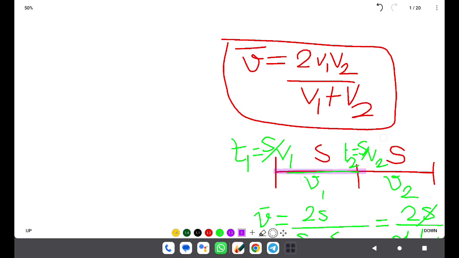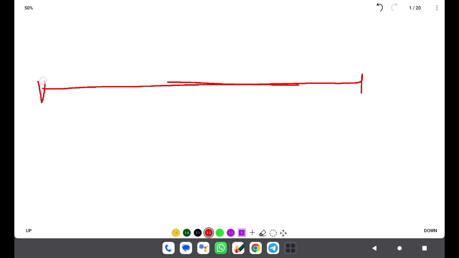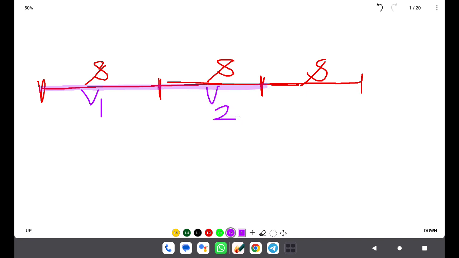Now similar to this, if a question is asked that a body travels 1/3 of a distance, if this is s, this is s, this is also s, equal distances, each 1/3 of the total distance. If a body covers the first 1/3 of the distance with v1 velocity, the next 1/3 with v2 velocity, and the last 1/3 with v3 velocity, then find the mean velocity.